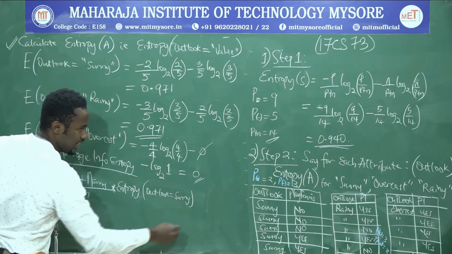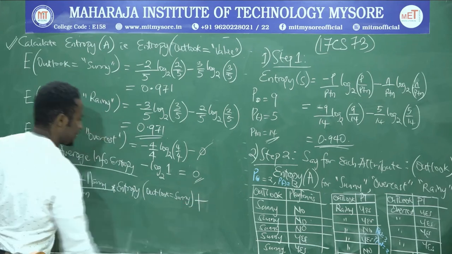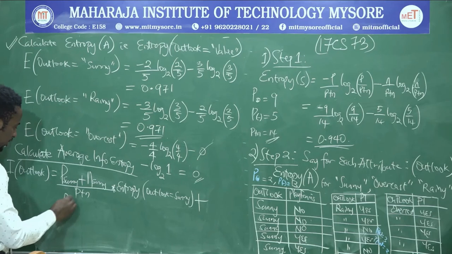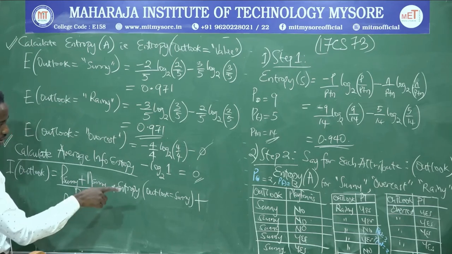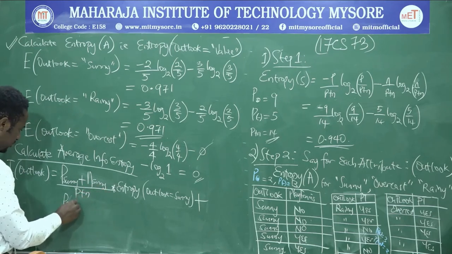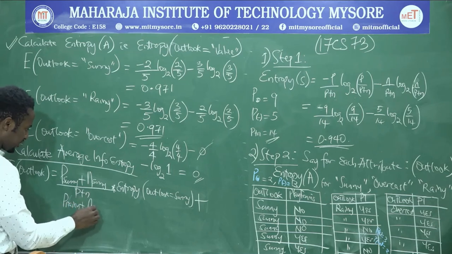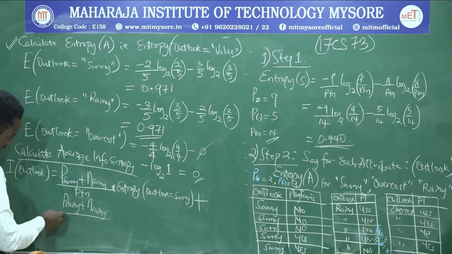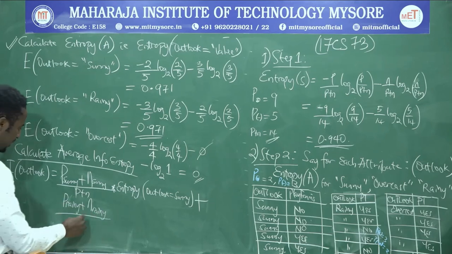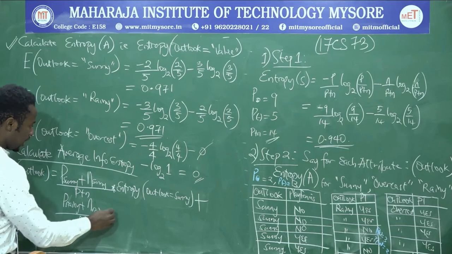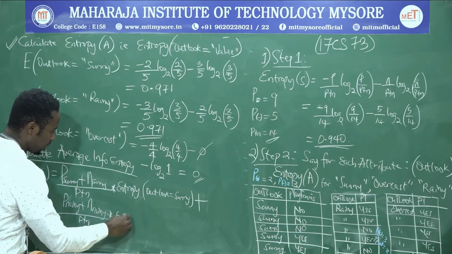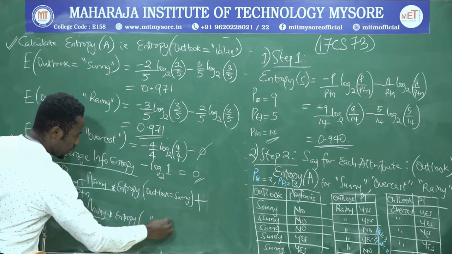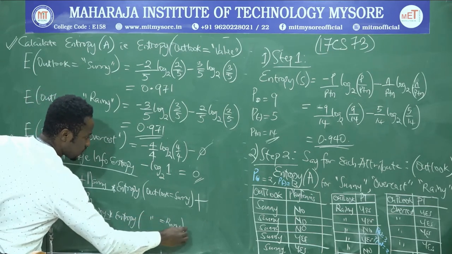Plus, the same thing we have to repeat: P of rainy plus N of rainy, upon P plus N, into the entropy of outlook equal rainy. I'm taking pains to write this so that you also do the same. The more you write it down, the more you remember.